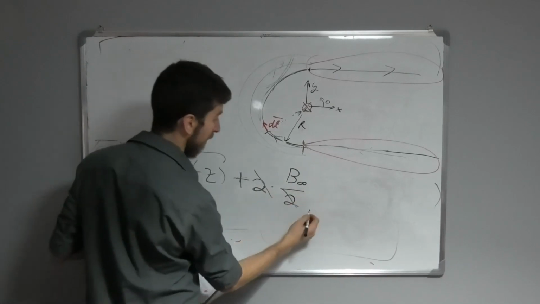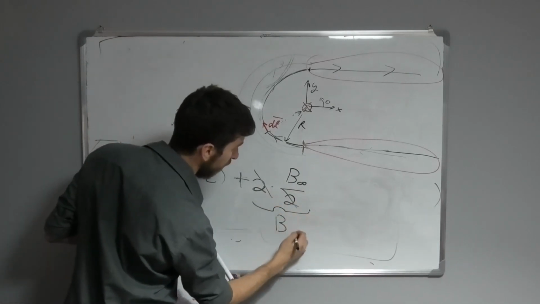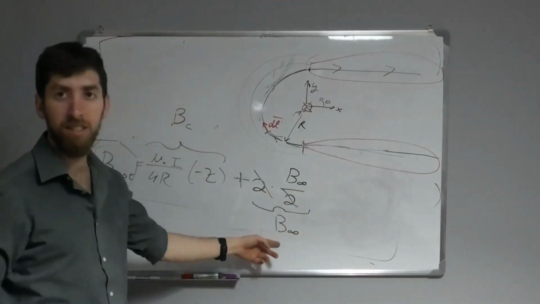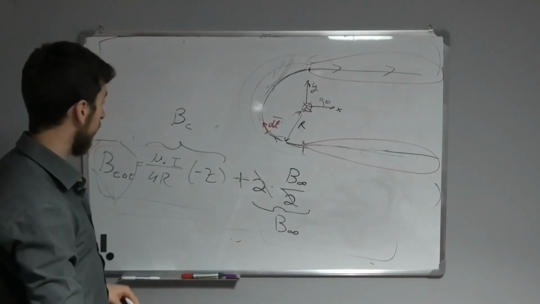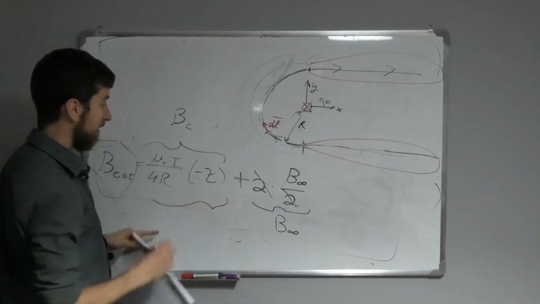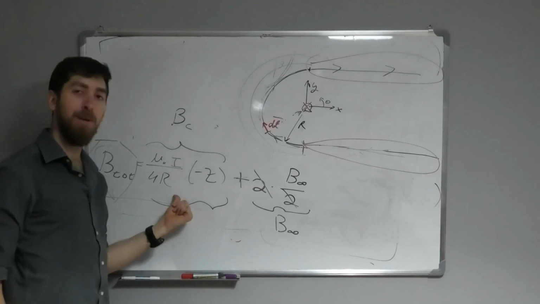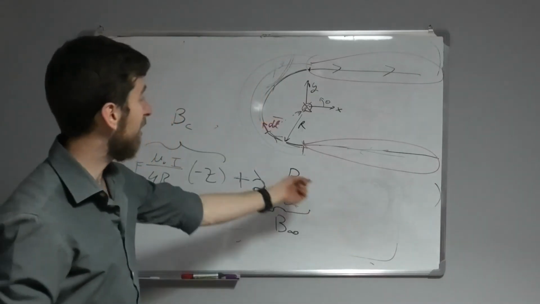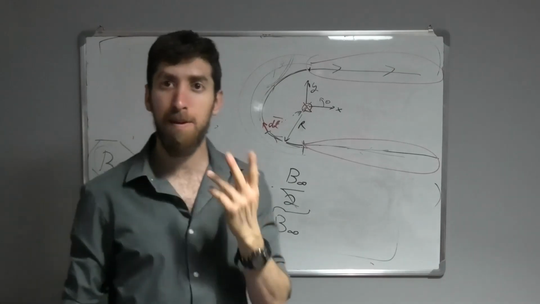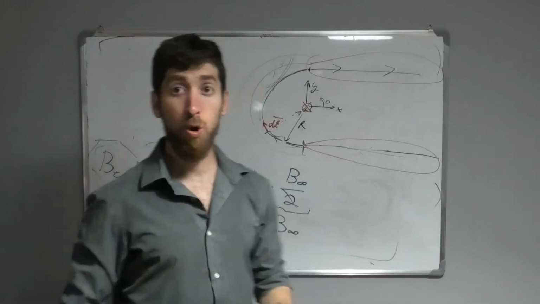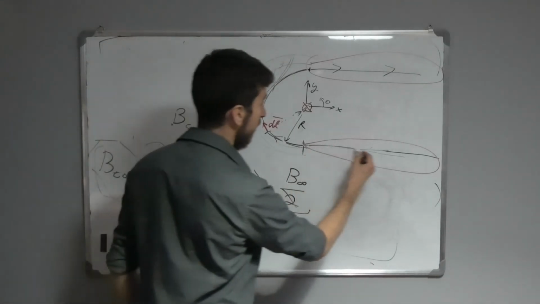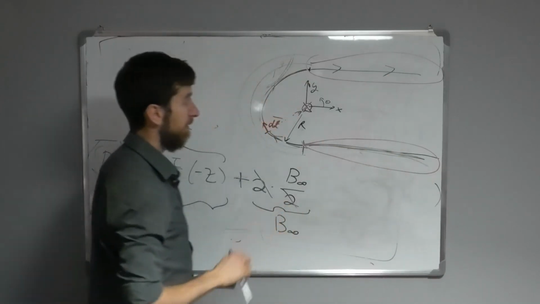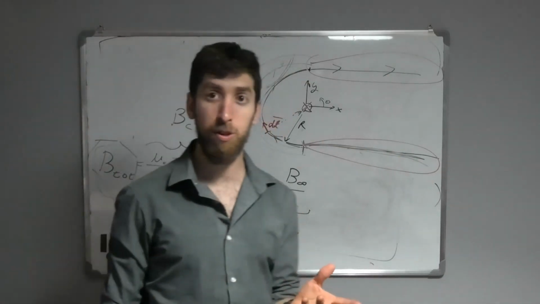So it's actually equal to the original value that we had before, from the first section of this question. So we actually increased our value by this amount. So by curving the wire, the scientists actually increased the magnetic field. You could calculate that this one is equal to half of the result that we have.